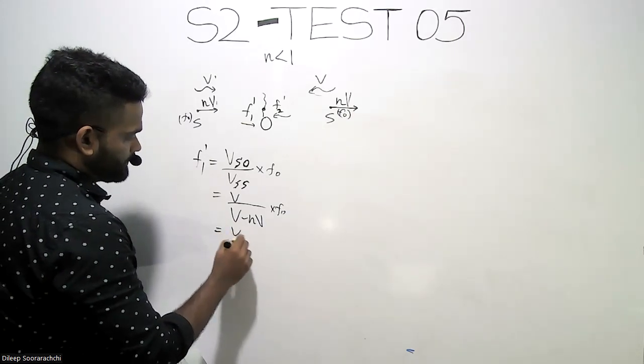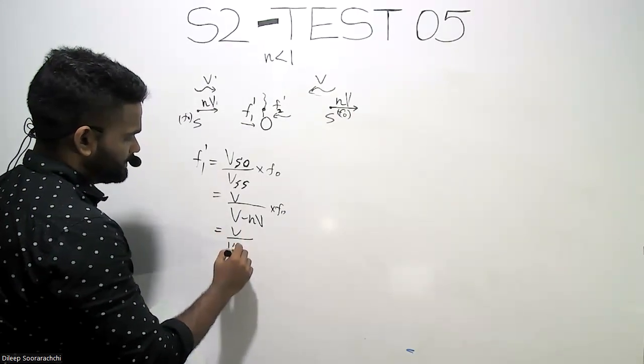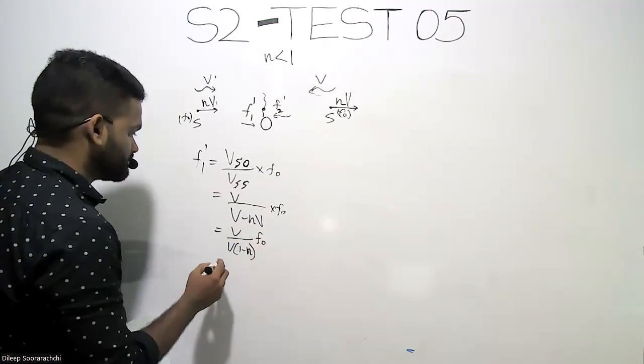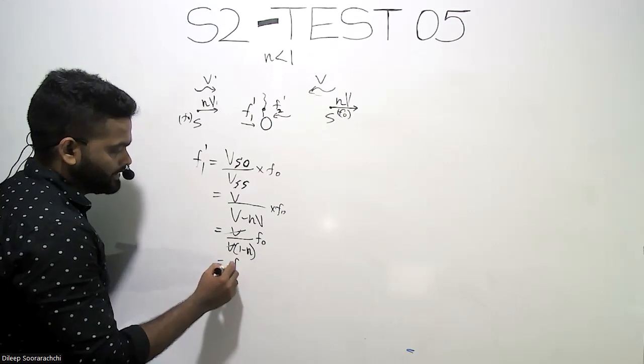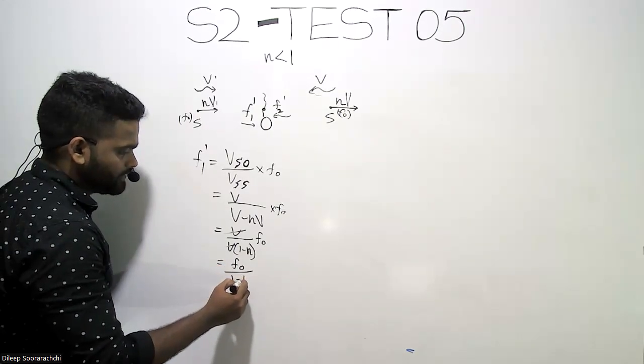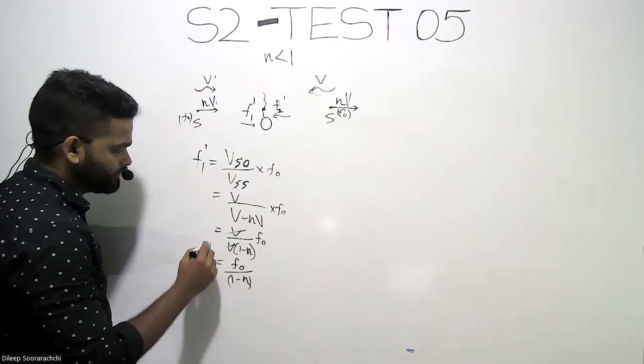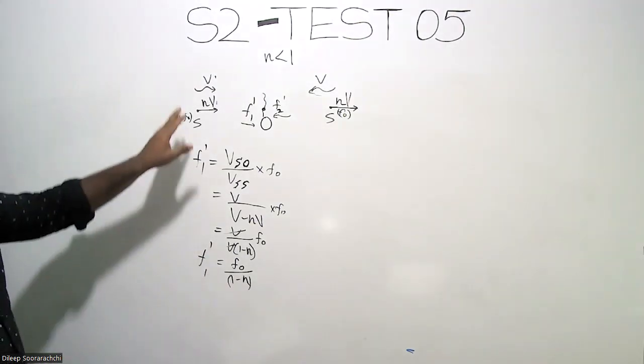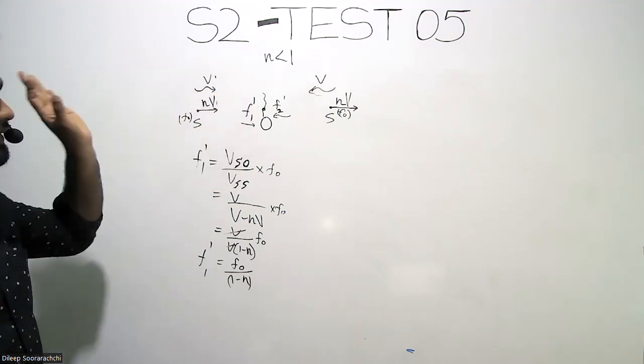Here v divided by, I can take v out, and f naught, then cancel v, then this becomes f naught divided by 1 minus n. So this is f1 dash, the apparent frequency as the source moves towards the observer.